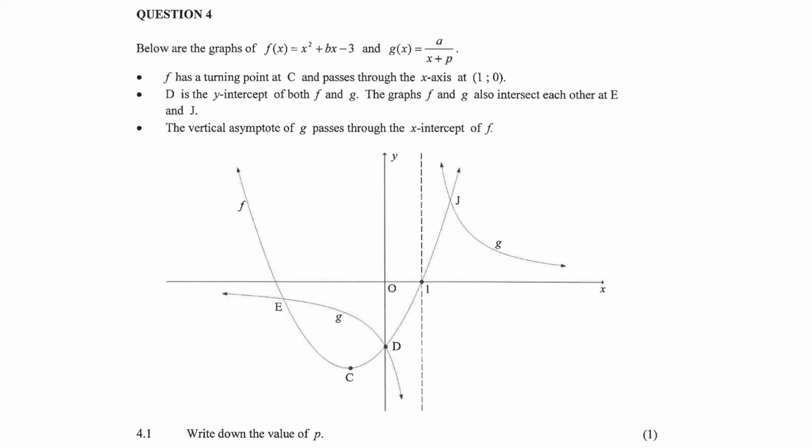The graph of g(x) is a hyperbola, and the standard form of a hyperbola is y = a/(x + p) + q. So this part of the formula is derived from the vertical asymptote, and this part is derived from the horizontal asymptote.